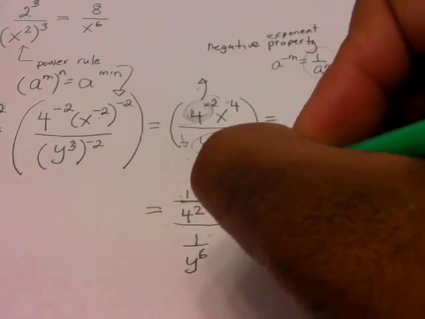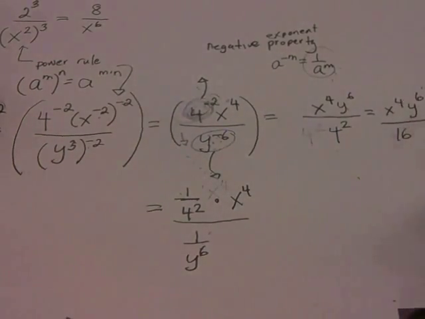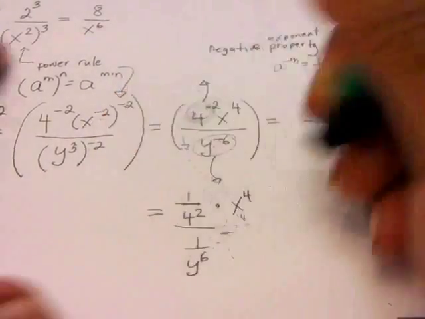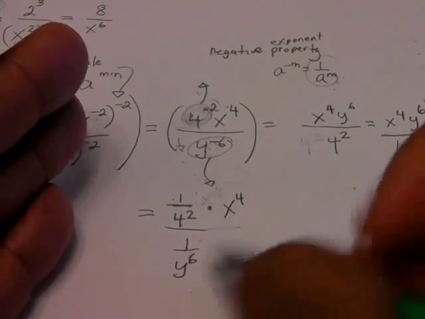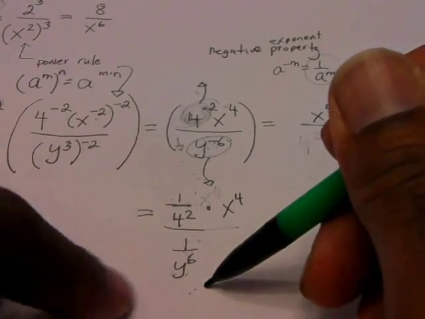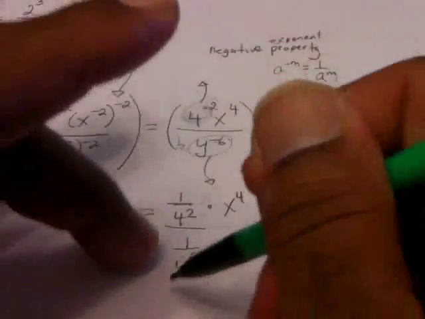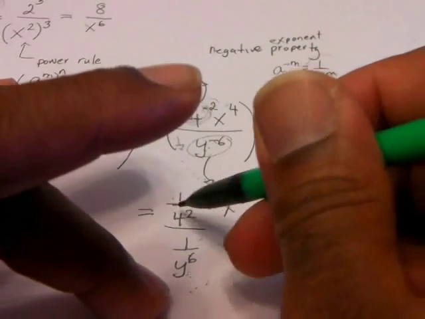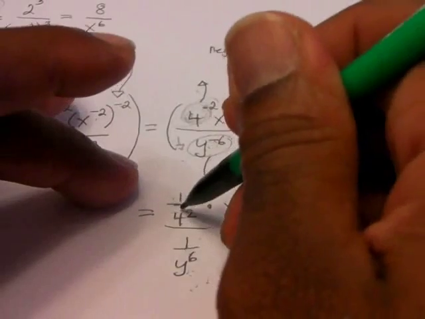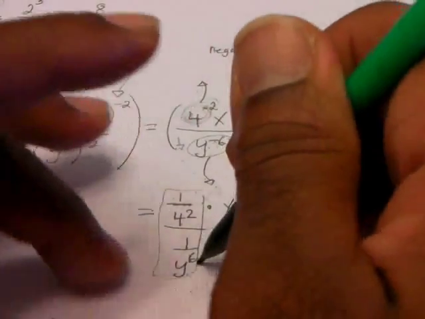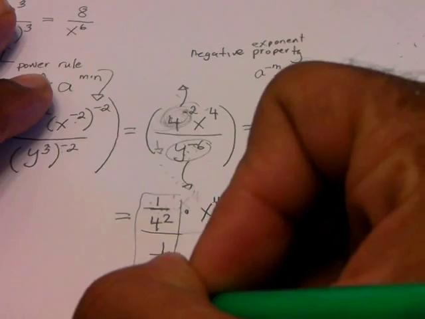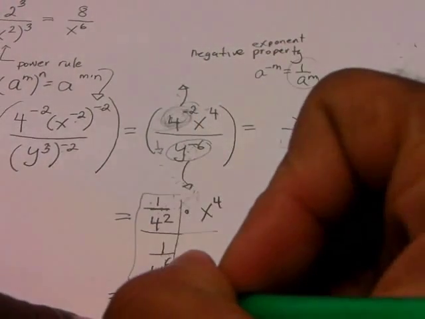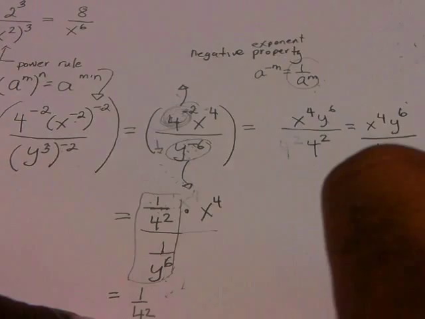I'll write it like this so that you can see it. If you break it up into 2 parts, you're going to have a reciprocal of this. We can't leave it like this because we have a division between fractions. So what we do is we multiply by its reciprocal, all right, we multiply by its reciprocal.